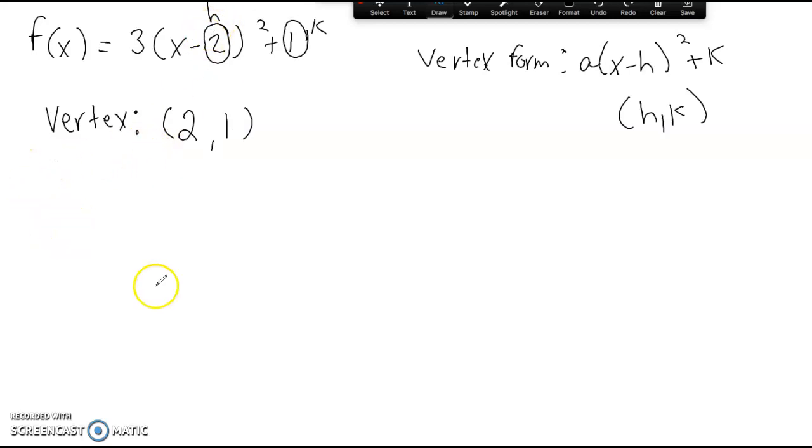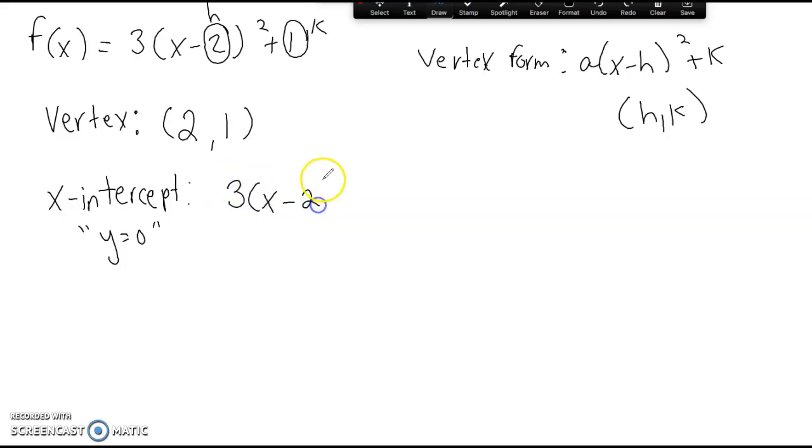Now let's take a look at the x-intercept. I know I have an x-intercept when y equals 0, so what I have to do is set this equal to y, which is 0, and solve. So we have 3 times x minus 2 squared plus 1 equals 0.